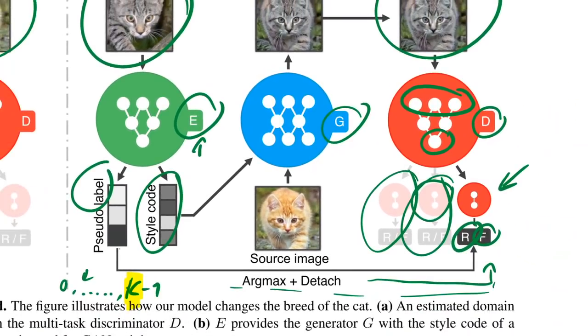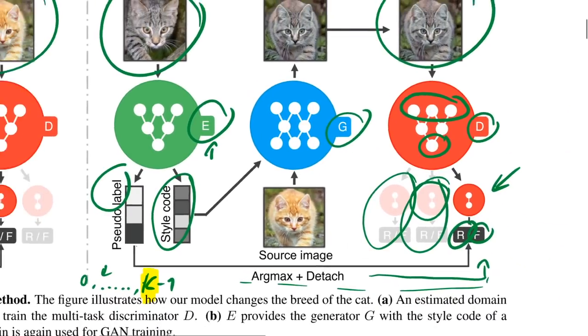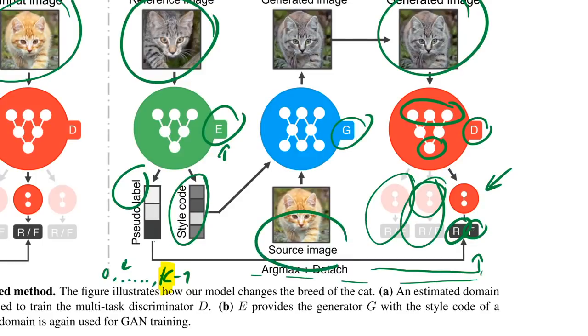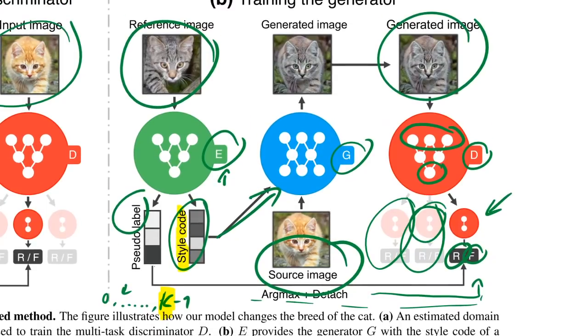Now, the generator, lastly, it takes a source image, and it takes this style code right here. Now, the style code is encapsulating, as we said, the style of the reference image. So the style is supposed to be whatever makes this domain of images the same.